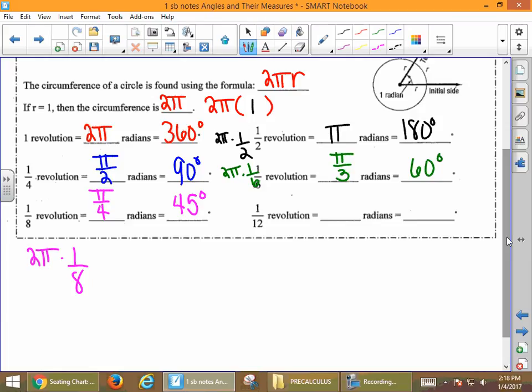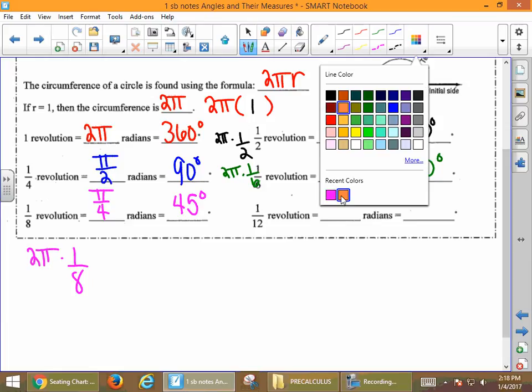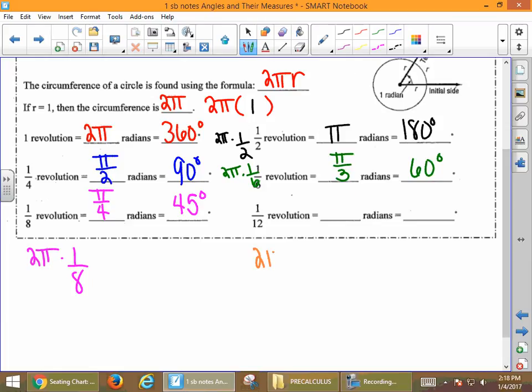And finally, with the 1/12, we would take the full circle times 1/12. Well, 2 pi times 1/12 is pi over 6, which means that we're going to have 30 degrees.